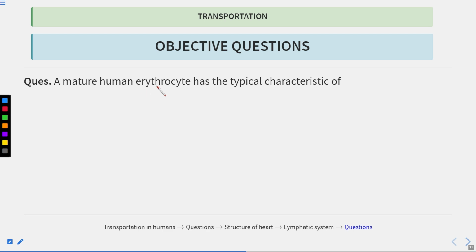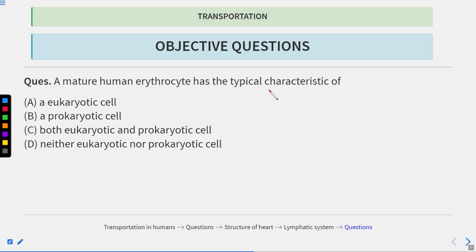The mature human erythrocyte. What are erythrocytes? RBCs, red blood cells. Has the typical characteristic of: the options are eukaryotic cell, prokaryotic cell, both eukaryotic or prokaryotic cell, or neither eukaryotic or prokaryotic cell.